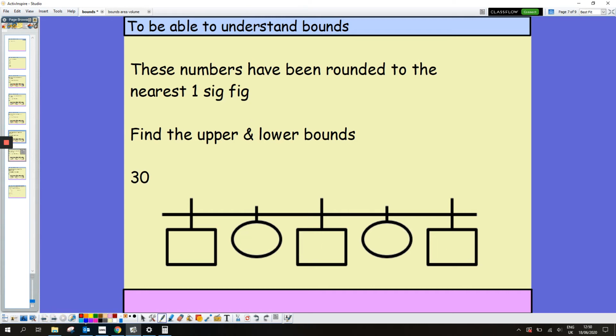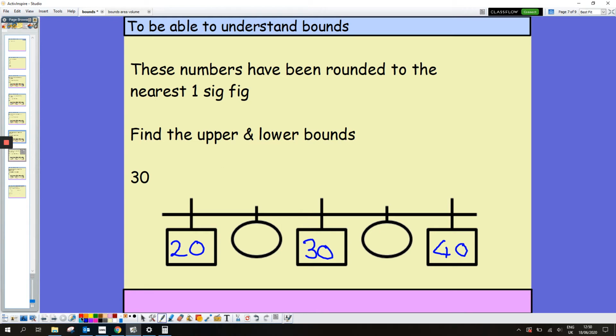So, rounded to one significant figure. That means that I've got one digit. The first digit that isn't a 0 is going to be one number. So you should only have one number that's not a 0. So if I've rounded this to one significant figure, it's the same as rounding to the nearest 10. So I'll have 30 in the middle, 20 here, and 40 here.